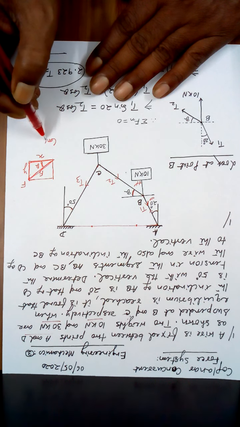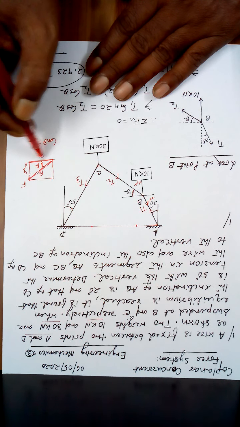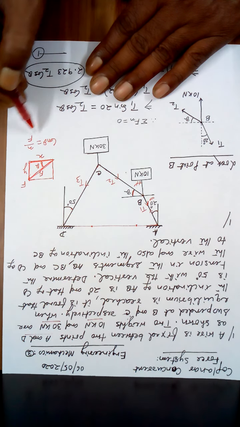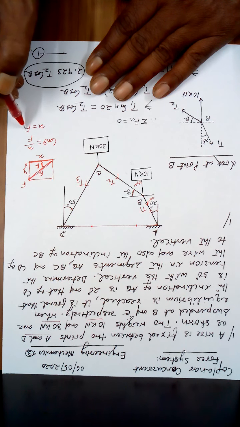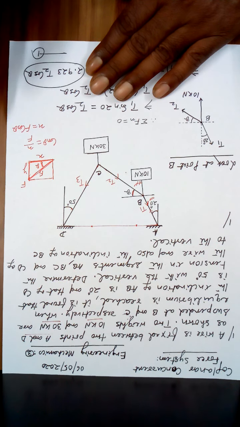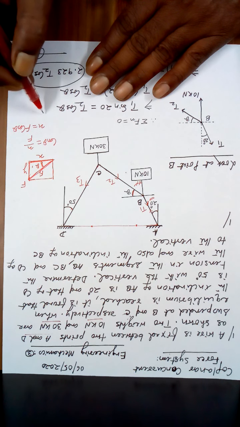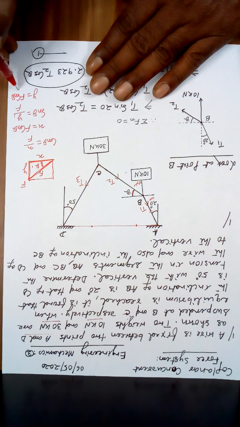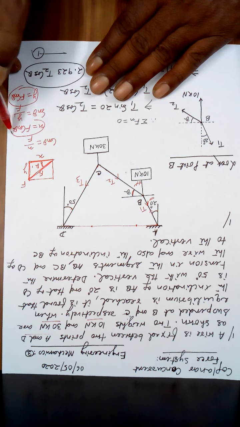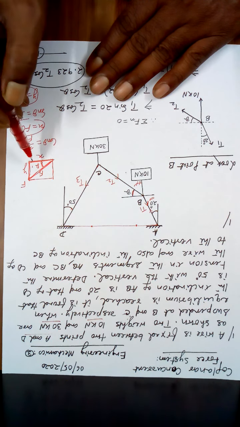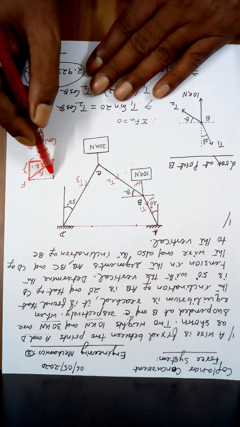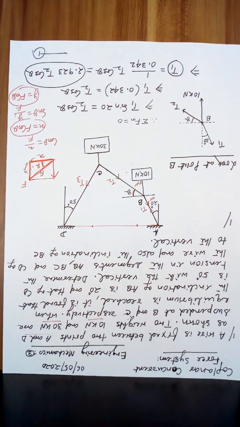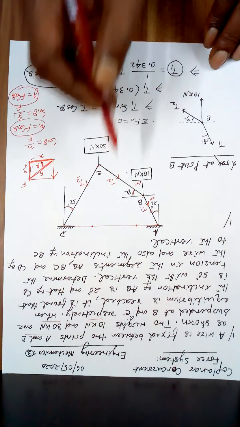Your cos theta is x over F, so x comes out to be F cos theta. Similarly, sin theta is perpendicular by hypotenuse, so y becomes F sin theta. This is how you resolve a given force into two components perpendicular to each other, right?